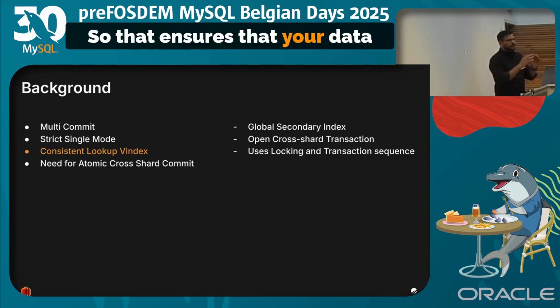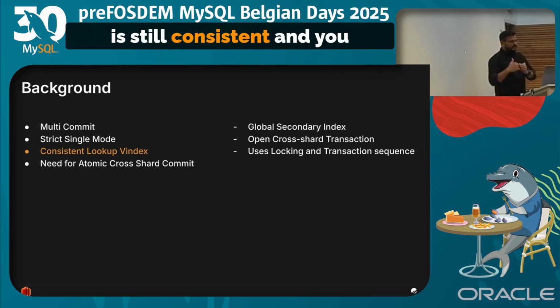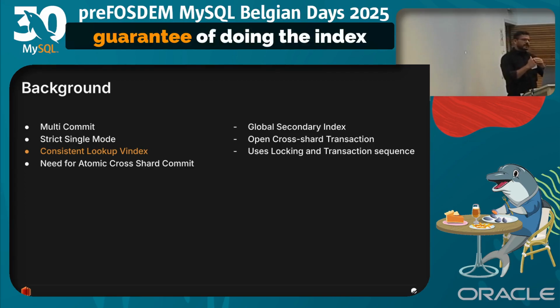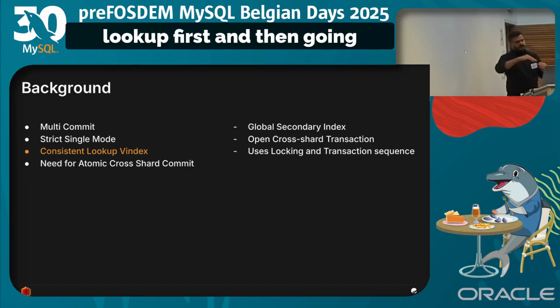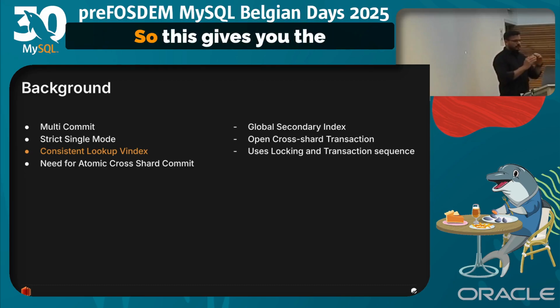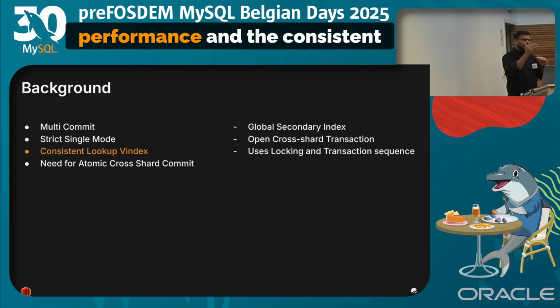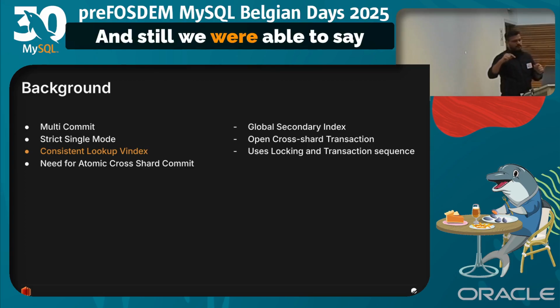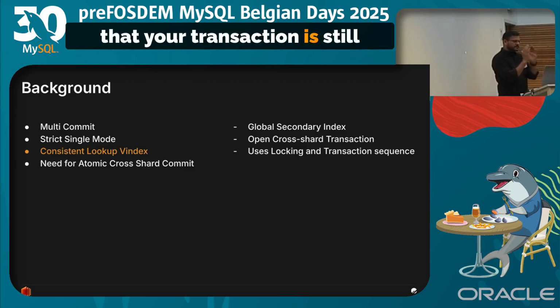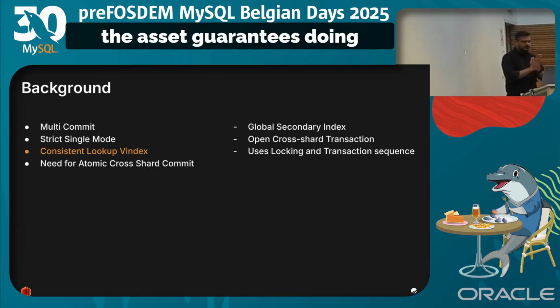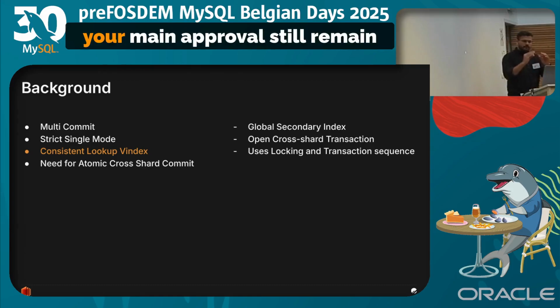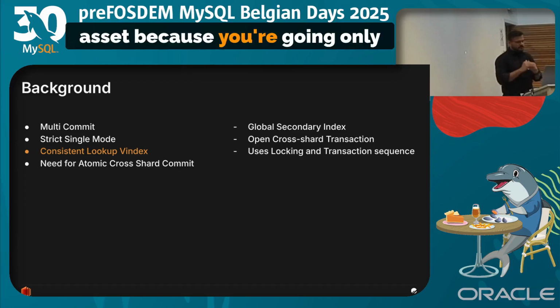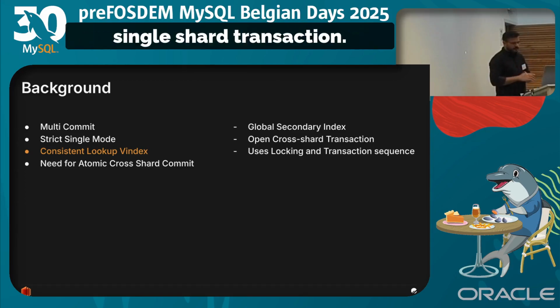That ensures that your data is still consistent, and you still get the consistency guarantee of doing the index lookup first and then going into the right shard. So this gives you performance and consistent index guarantees, and your transaction is still single shard, and your main workflow will still remain ACID because you're going only to single shard transactions.